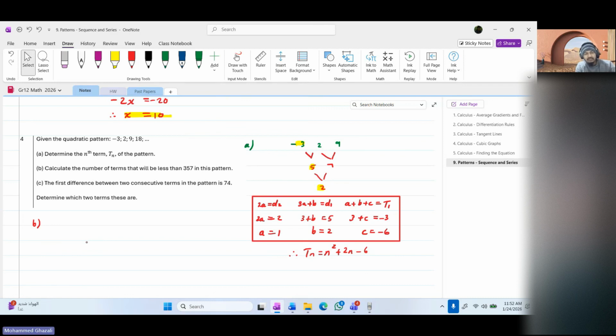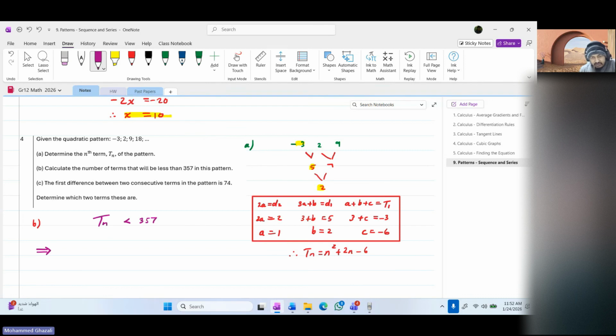Calculate the number of terms that will be less than 357 in this pattern. So Tn is less than 357. That's what we want to solve. But in this case, we can just make it into an equation and solve for n, right? That'll be easier for you. So we can just say this implies, remember, we're still solving that.